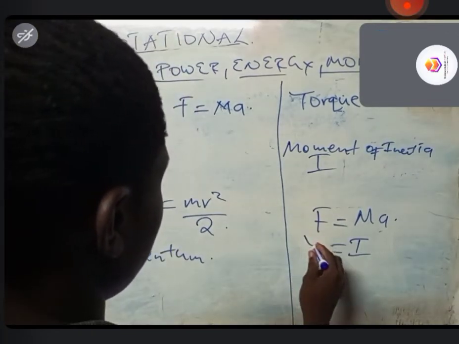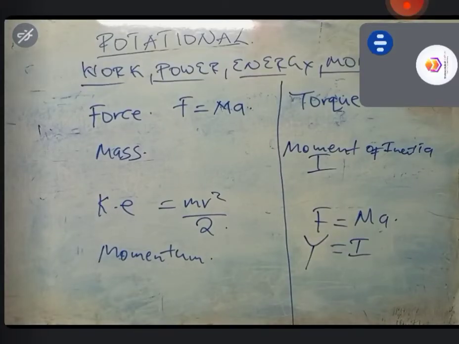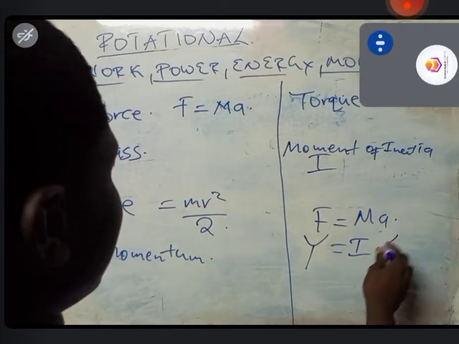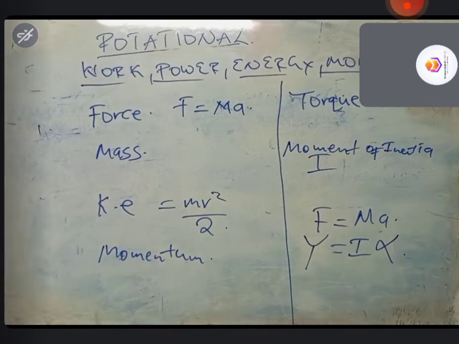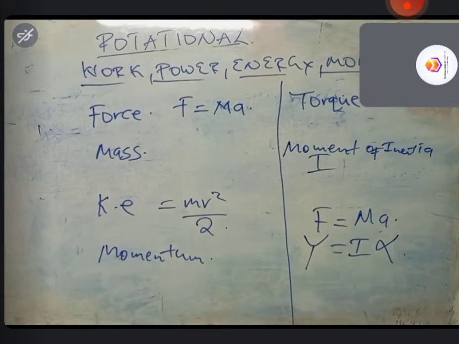What's the counterpart of acceleration under rotation? It's angular acceleration. So what is the other formula that you need to know as you talk about the torque? Torque is also a product of moment of inertia and the angular acceleration.